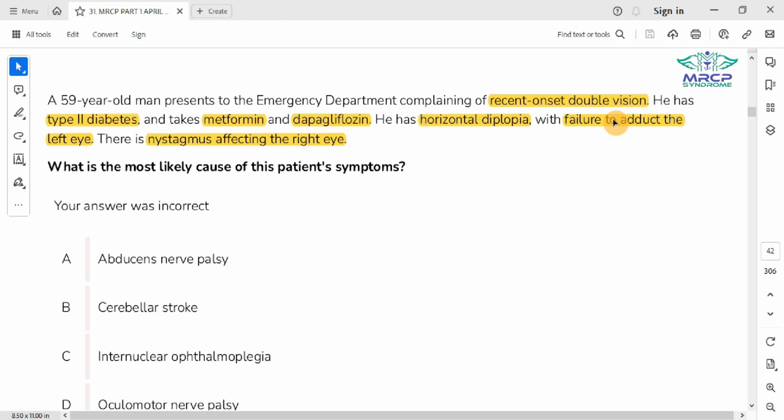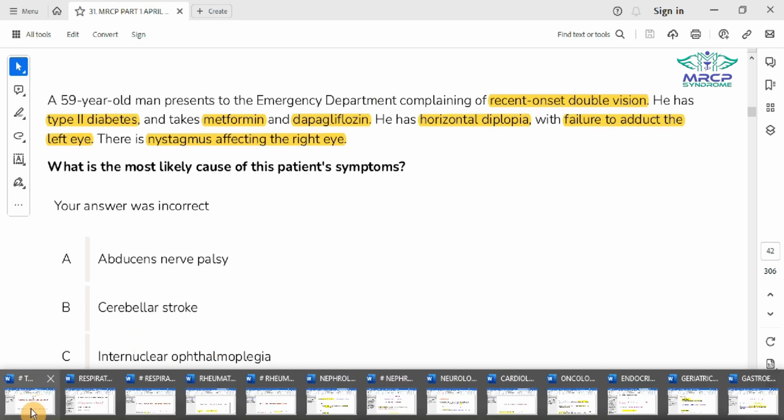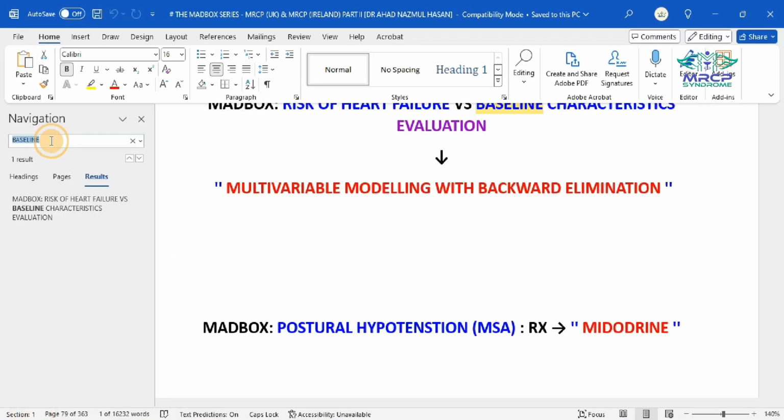Remember, this is adduction, double D. Failure of adduction of the ipsilateral eye, and there would be nystagmus in the contralateral eye, and this usually occurs due to damage in the MLF, medial longitudinal fasciculus, which is a neural pathway that coordinates the eye movements between the oculomotor and the abducens nerve. So there will be failure of adduction in the ipsilateral eye, and there would be nystagmus in the contralateral.